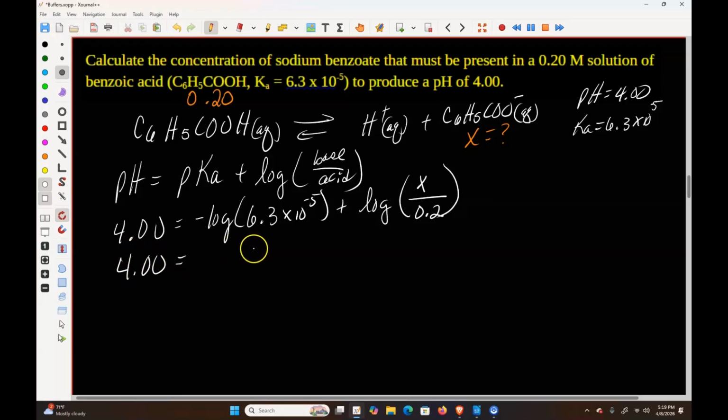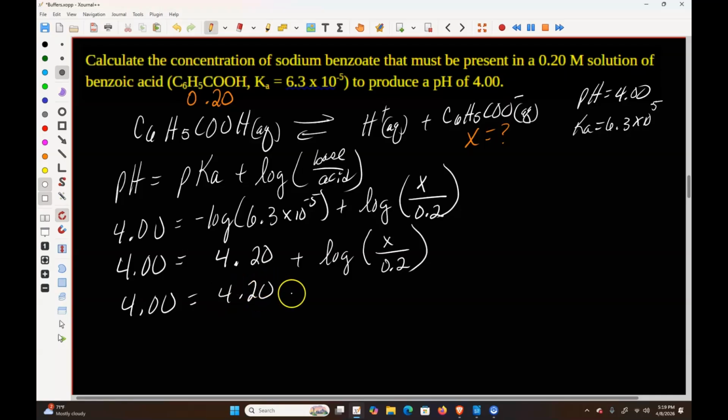So the negative log of 6.3 times 10 to the negative 5 is 4.20, plus the log of x minus the log of 0.2.